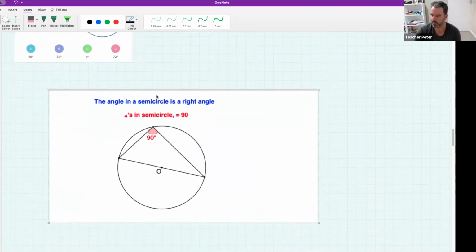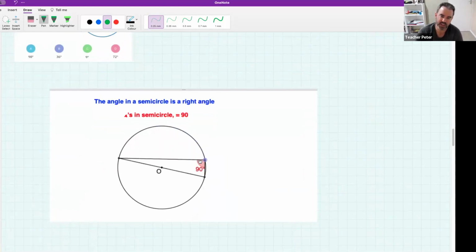Okay, so if we have the diameter of a circle, and the diameter is just a chord that goes to the middle, look at what happens when I move the angle at the circumference. What do you notice about the angle at the circumference when you use the diameter as the base to subtend an angle?